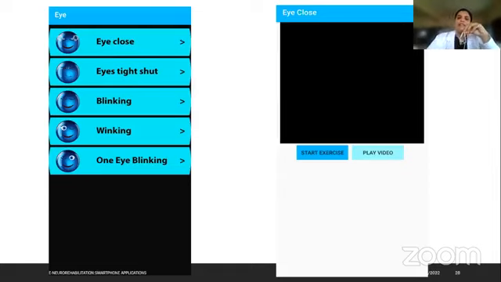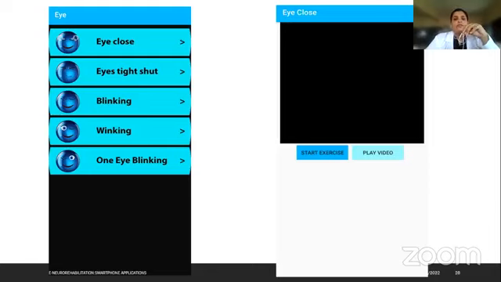Now, certain other applications, especially for facial paralysis, have another feature in order to stop synkinesis. Whenever the patient performs any exercise, let's say closing of the eyes, the video camera in this application will detect how much the patient is able to perform. If the patient is performing properly, then it's fine.